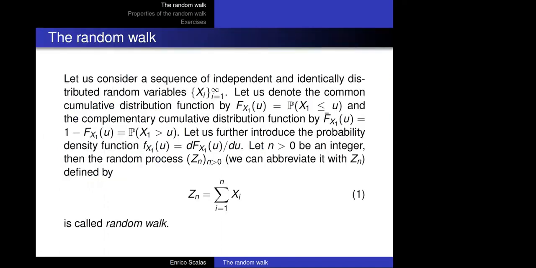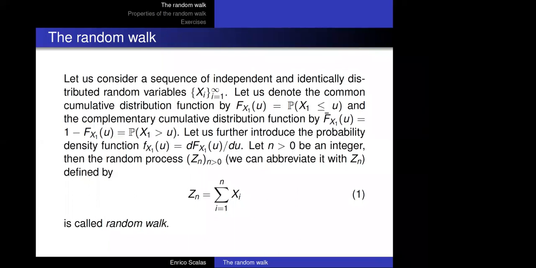So this view graph is devoted to a definition of the random walk where the elements that we are going to sum in the random walk have an arbitrary distribution.